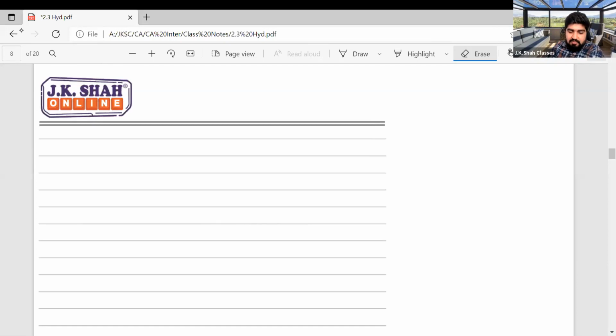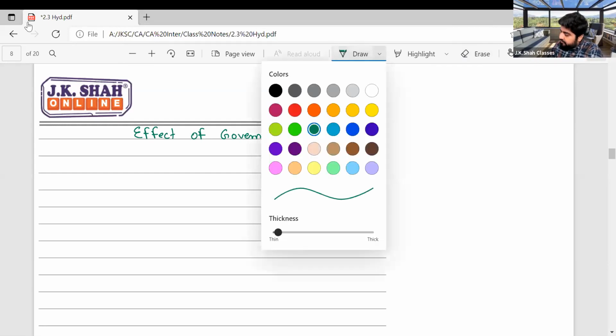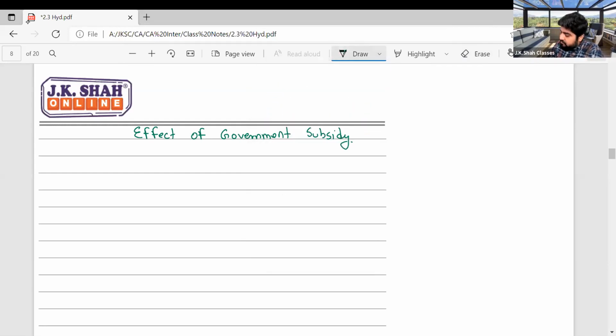Okay, so please write down: effect of government subsidy. The name of the diagram is effect of government subsidy. We will be having a y-axis, x-axis.